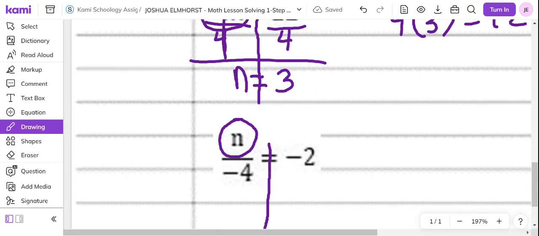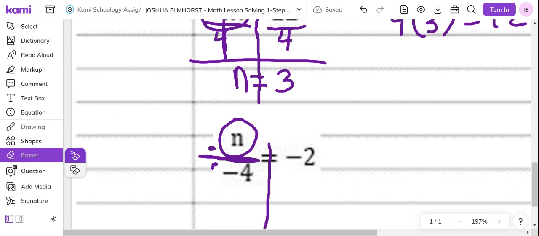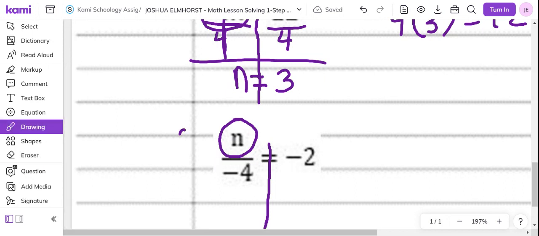And the last one, so this fraction line means division. So n is being divided by -4. So what's the opposite of dividing by -4? We're going to multiply this side by -4, and we're going to multiply this side by -4.